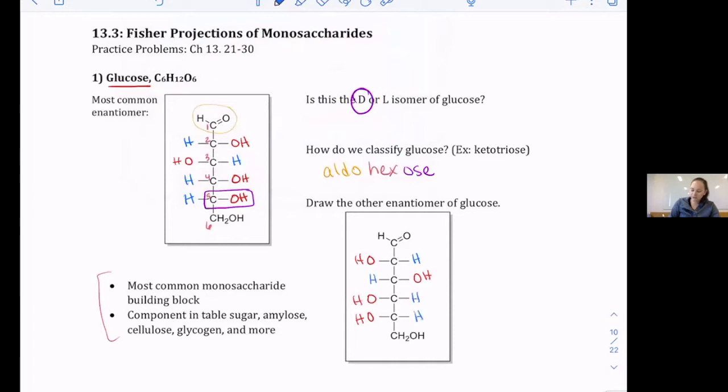You'll notice for the most common sugars, the hydroxide is going to be on either side. So one water for each carbon is pretty much how it's split up. So this is now the L orientation of glucose, because we have this on the left side. It was not a very good box. There we go. Okay, so this is glucose.